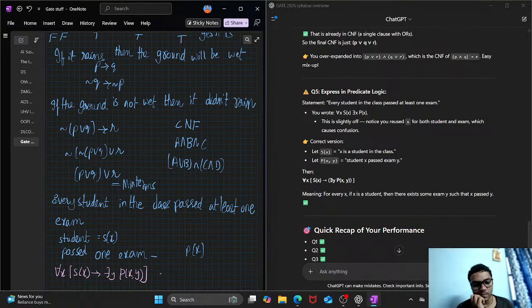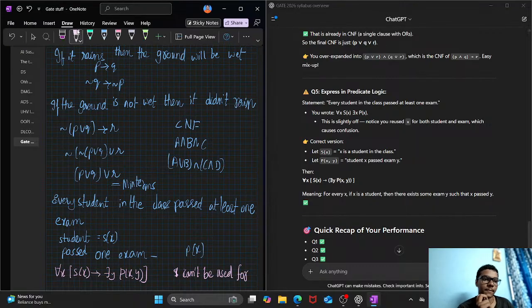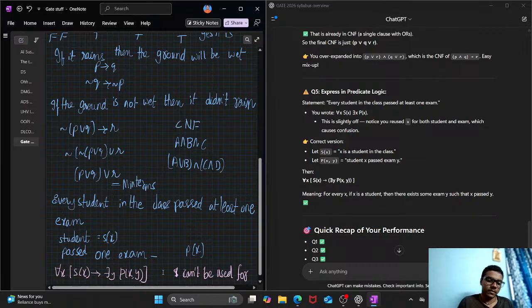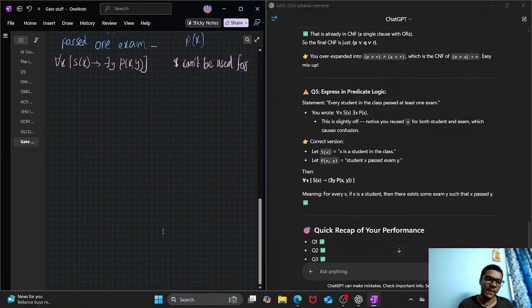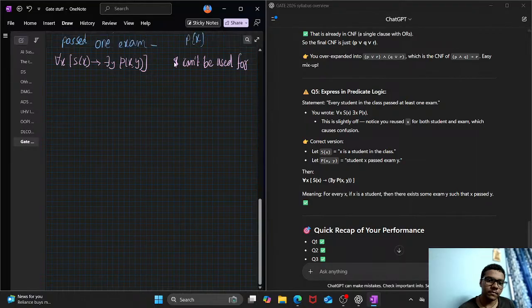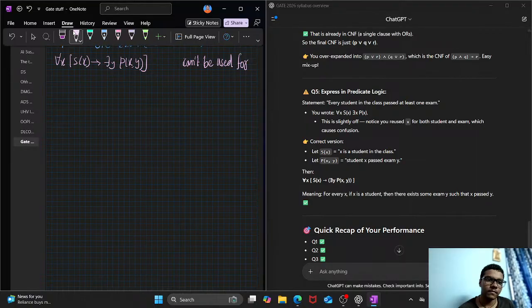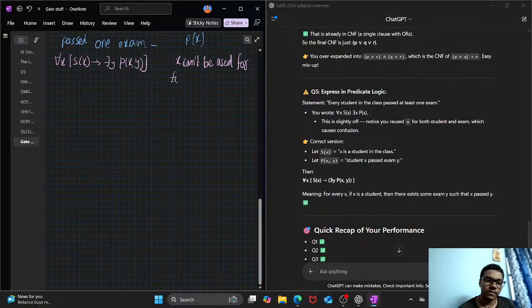So X cannot be used for exam and student.